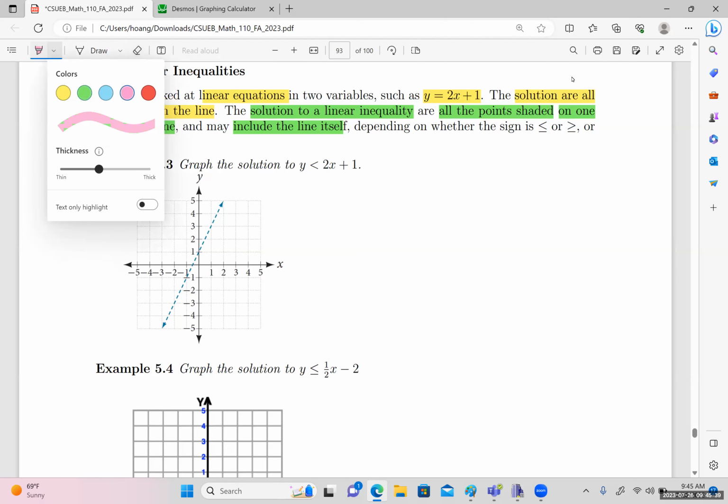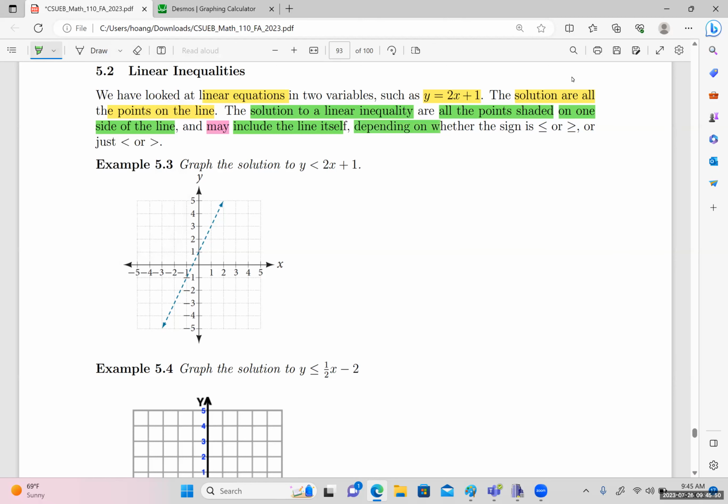So this one may include the line, depending on the side, right? So if it includes the equal sign like this, you will say it included the line. Okay.